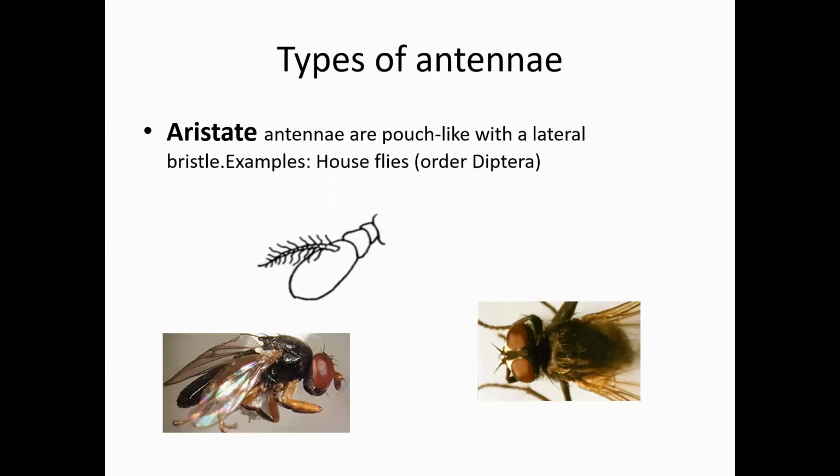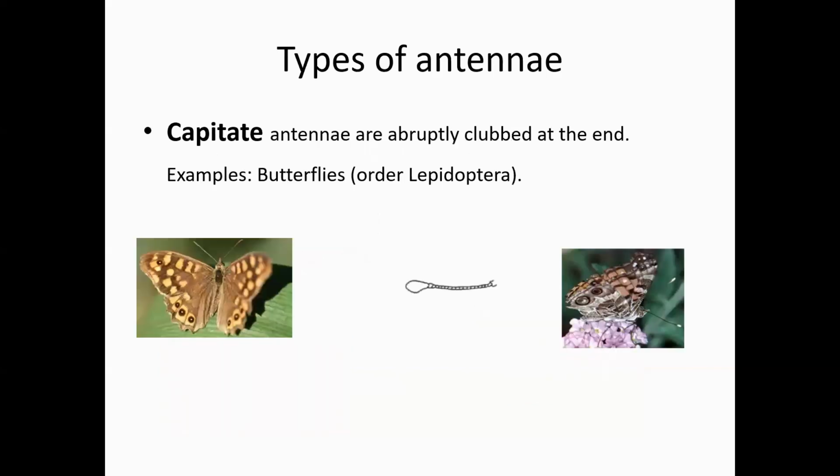Next, the capitate type. In the capitate type, the antennae are abruptly clubbed at the end. In the flagellar segment, the size of the last segment is abruptly increased. This is observed in butterflies.